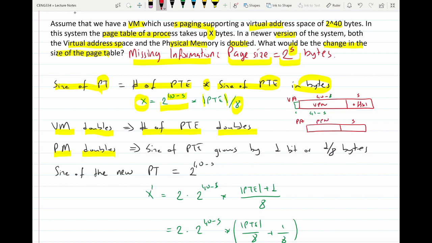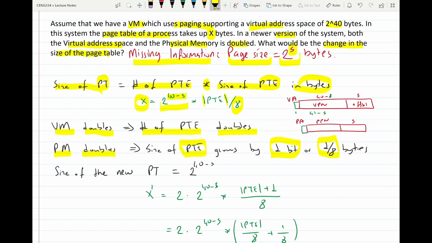We don't know how many bits it consumes, but doubling PM, the physical memory, means that I need to have one extra bit here as part of my PPN. Now this would grow the size of the page table entry by 1 bit, or by 1/8 bytes.